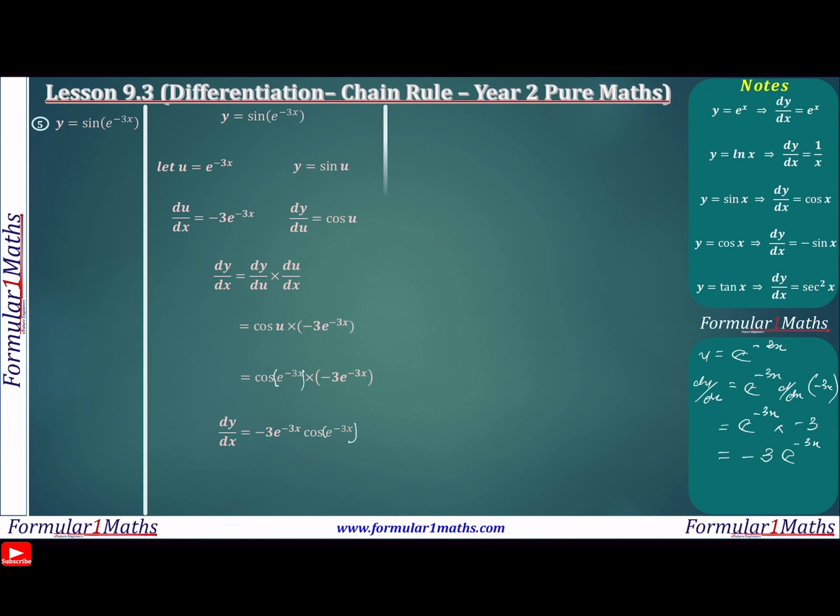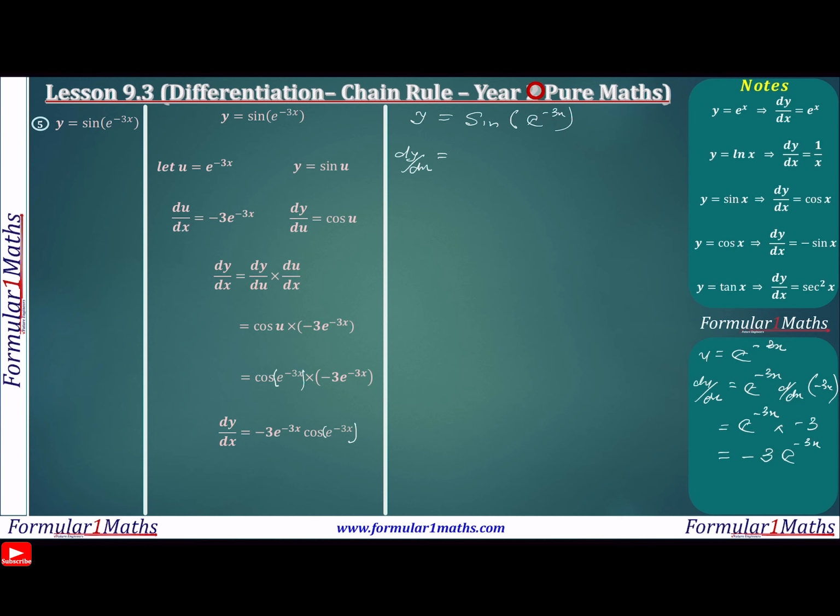So let's do this again without going through all this process. So I have y is equal to the sine of e to the power minus 3x. dy/dx will be equal to, if you differentiate sine of anything, you're going to get cos of that thing.